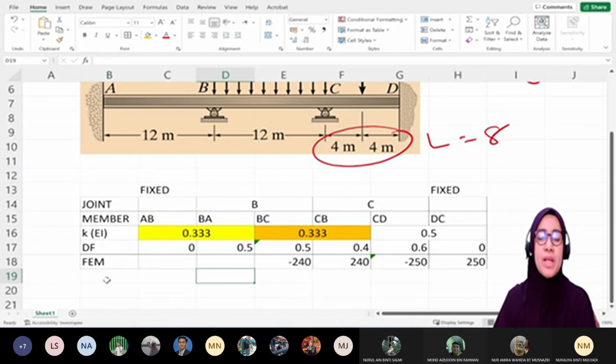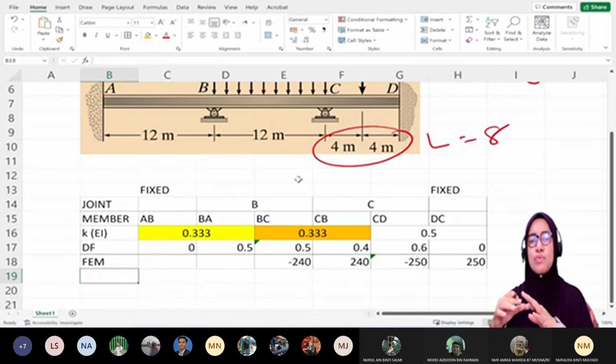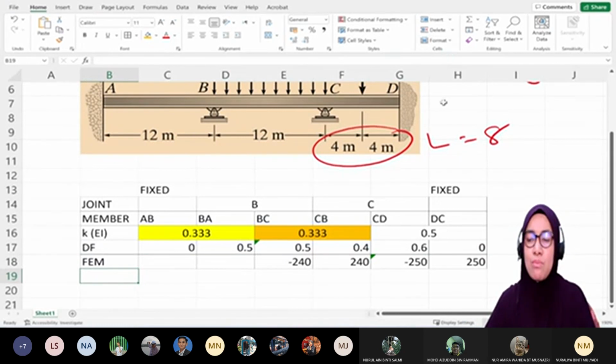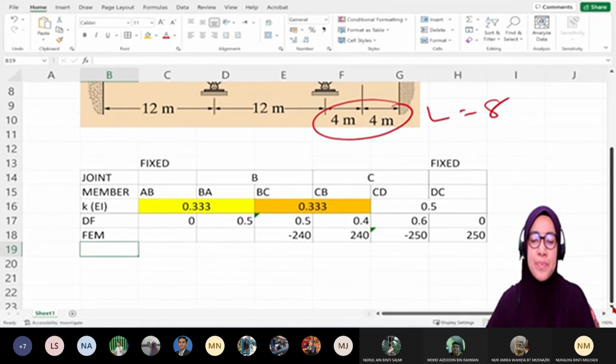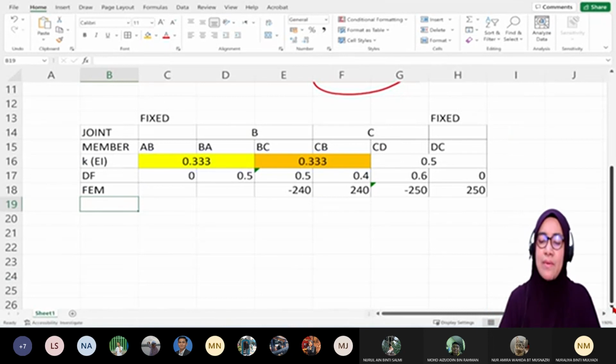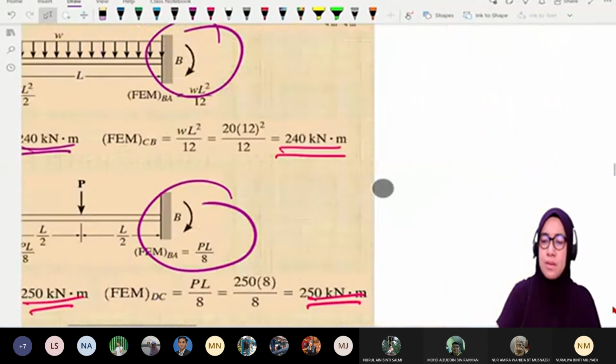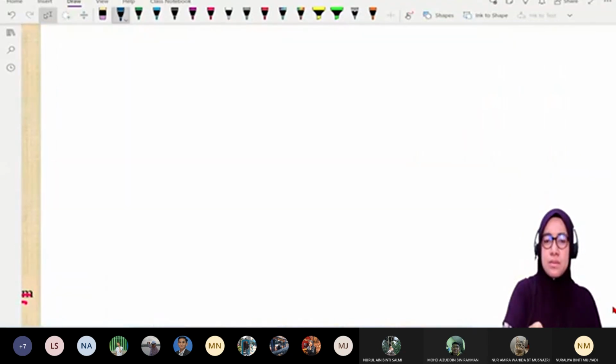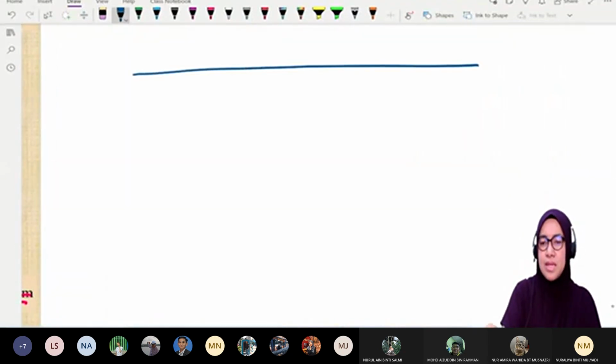Okay, now we want to start distribution. To start moment distribution, the process is like this.